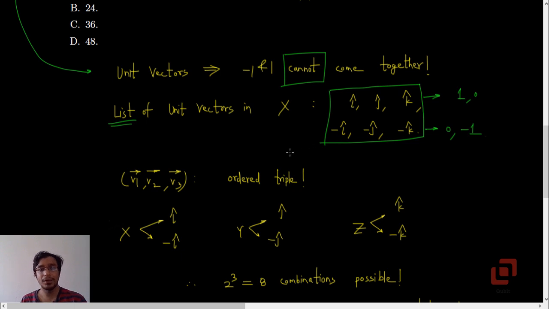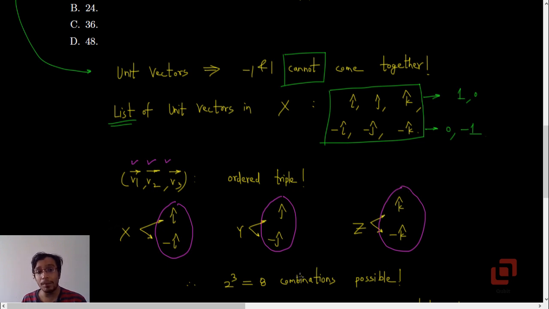Which means if we decide to put in vectors from i, j, k, -i, -j, and -k, we have to make the following choices: any one out of the two, i or -i, any one out of these two, j or -j, and any one out of these two, k or -k.